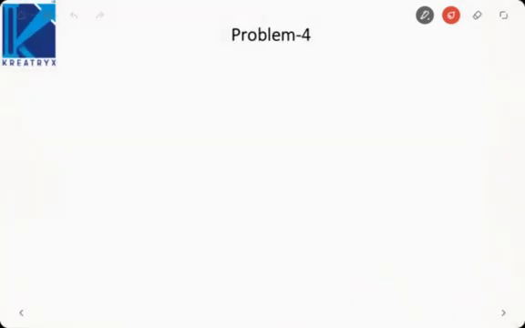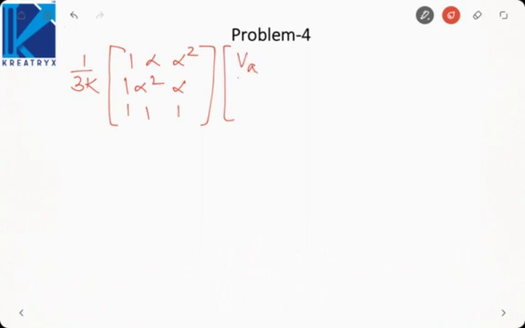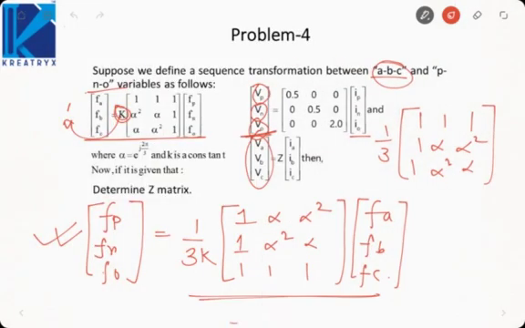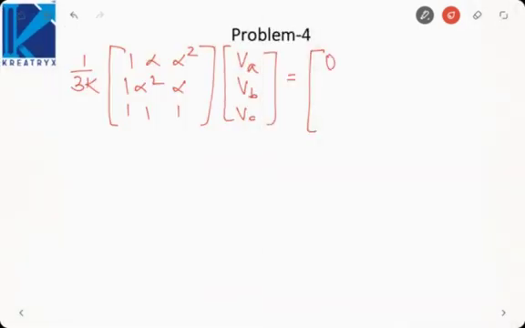So this equation can be written as 1 by 3K [1 alpha alpha square; 1 alpha square alpha; 1 1 1] times VA, VB, VC should be equal to, what is the matrix given to us in the problem? [0.5 0 0; 0 0.5 0; 0 0 2].